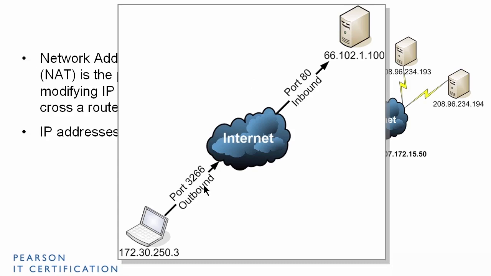In this case, we're saying port 3266. It doesn't really make too much of a difference what this outbound port is, because that's dynamically assigned by TCP/IP, and that'll change every time you connect. Every connection you make will use a different port number. What's important is you connect to the server on its inbound port, for example, port 80 inbound for a web server. And so you have the outbound port from the computer, the inbound port to the server.